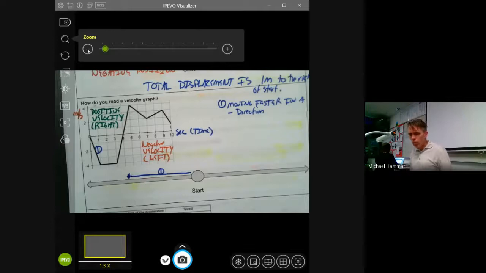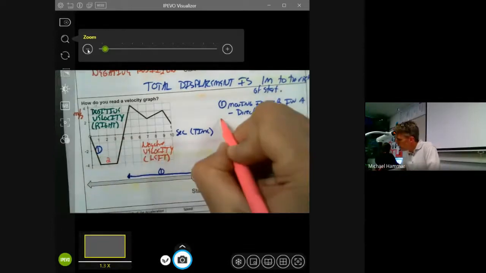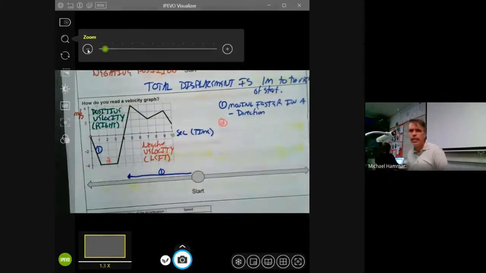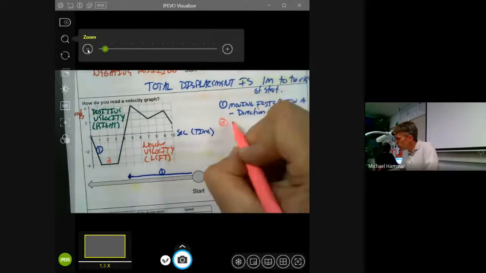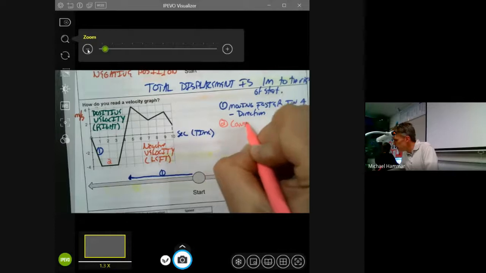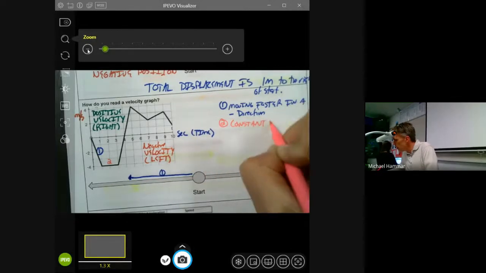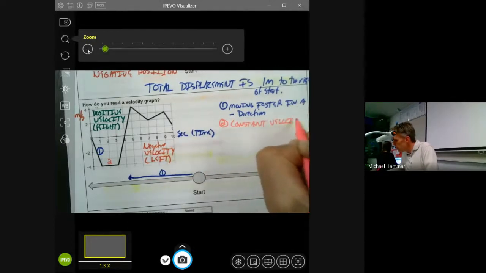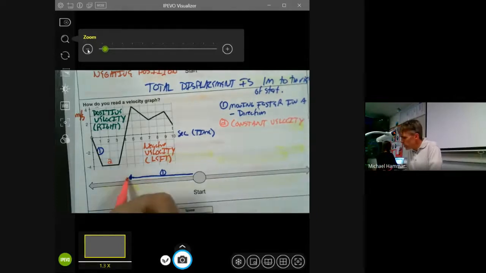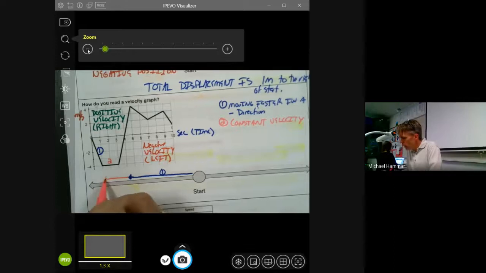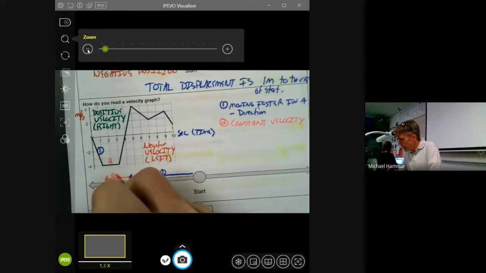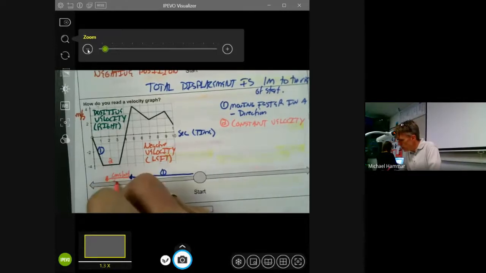Now, what you need to realize is when we get to part 2, part 2 does not mean we're staying in one spot. Part 2 means we have a constant velocity. So what that means is we are still moving in a negative direction, but we are moving this way at a constant speed.